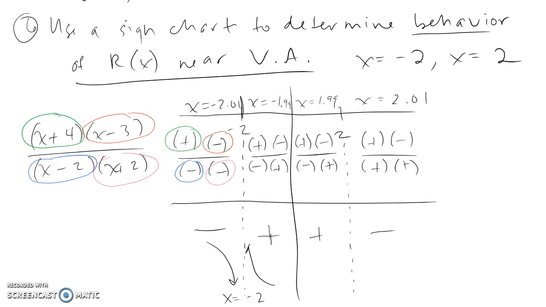On the right-hand side, we have a positive value really close to -2, so it's going to be approaching positive infinity. And similarly, to the left and the right of the asymptote x = 2, we're going to approach positive infinity from the left and negative infinity from the right.